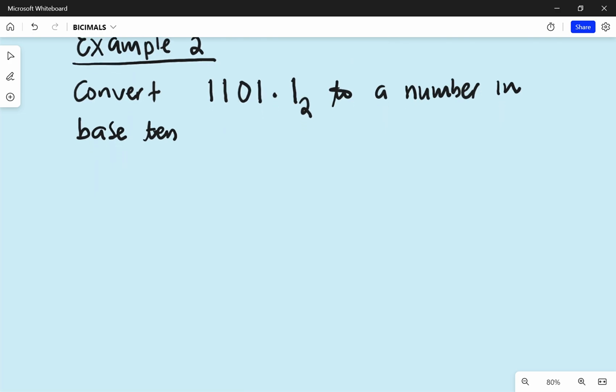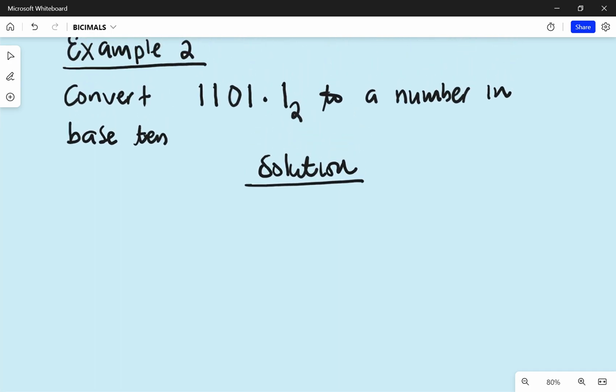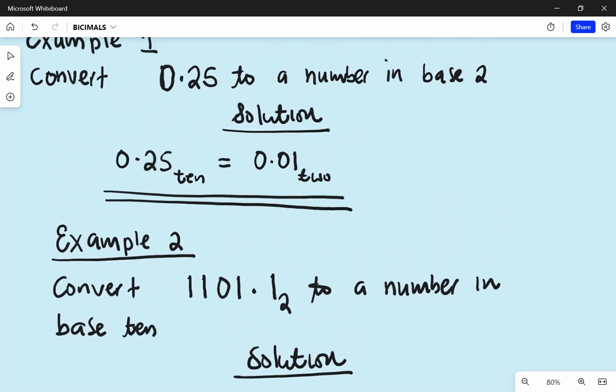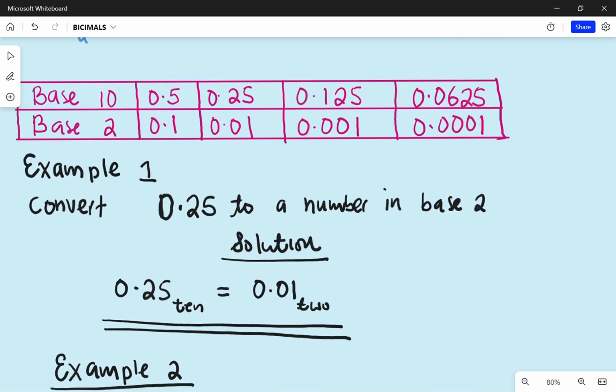So what you're going to do here is to say, okay, solution. I just want us to get used to this table there, which is very easy to deal with. These values here are very important for us to understand what we're talking about. So let's go back to the question.